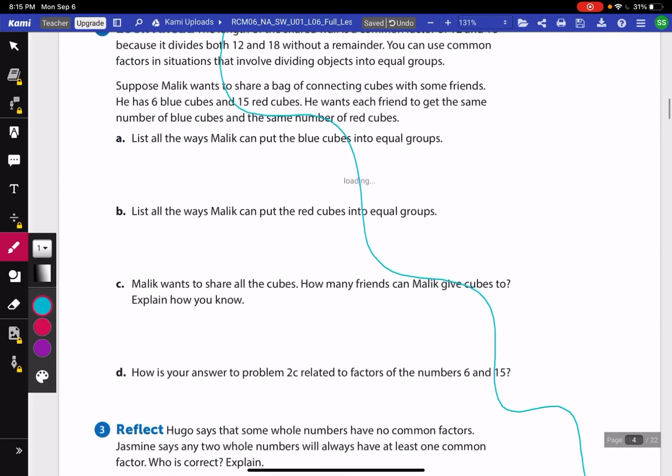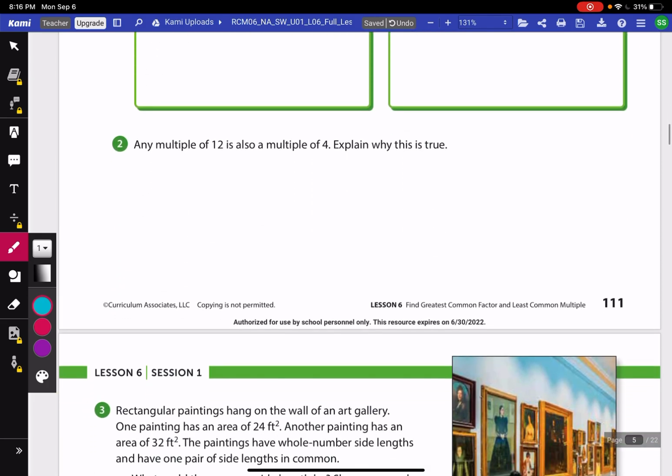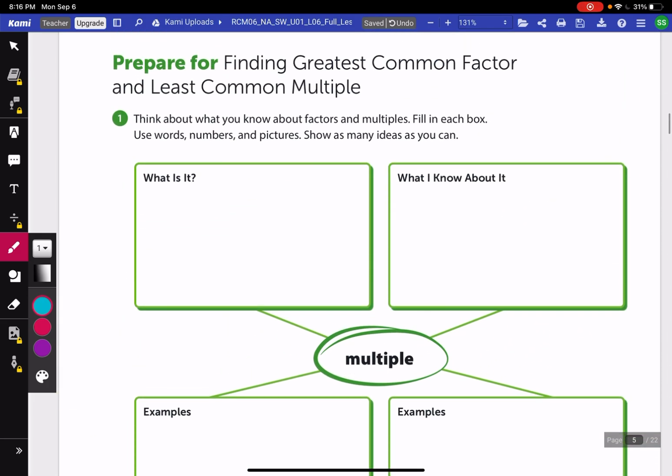All right, so now let's look at page 111. We're going to think about what we know about factors and multiples, and we're going to fill in each box using words, numbers, and pictures. We're going to show as many ideas as we can. If you can find more, you can write those in your book. So a multiple. What is a multiple?